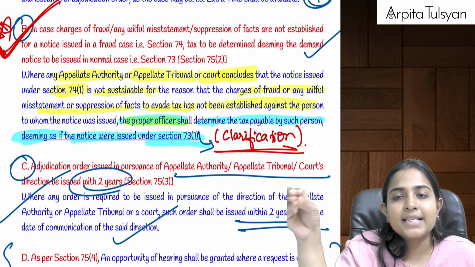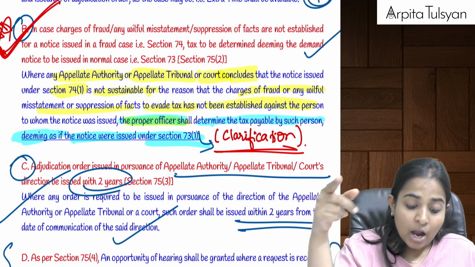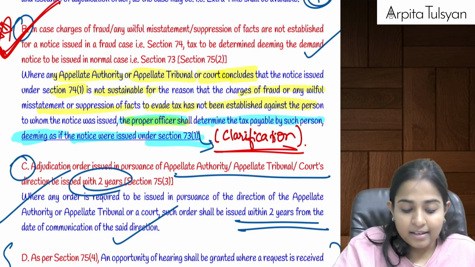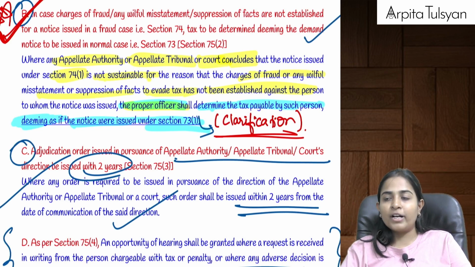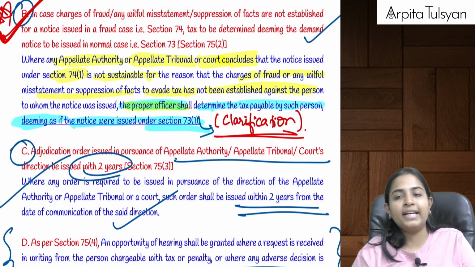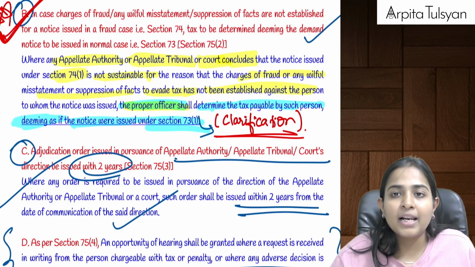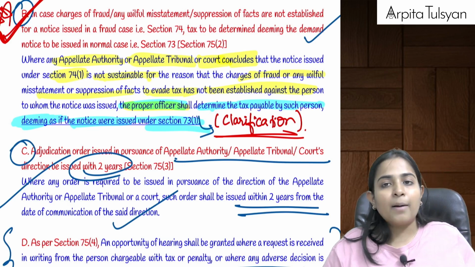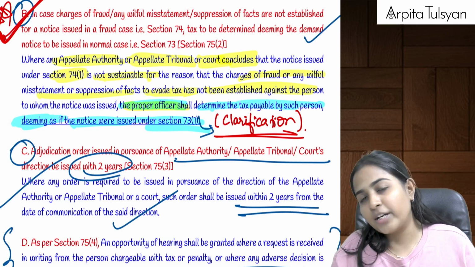On basis of that, show cause notice was issued to you under section 74. Later we come to know, because of any higher authority or any appellate authority, appellate authority means appellate tribunal, high court, supreme court, etc., we come to know that no, means we win the case. That is, no, it was not a case of fraud.